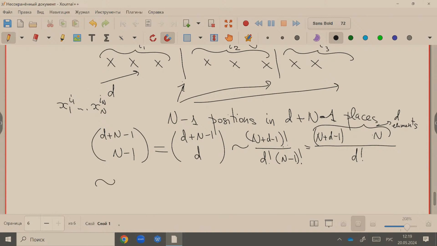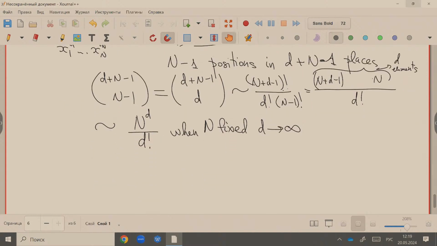It looks like n to the power d divided by d factorial. So when d is very large, we can recover n from this function, because we have a very precise collection of functions.